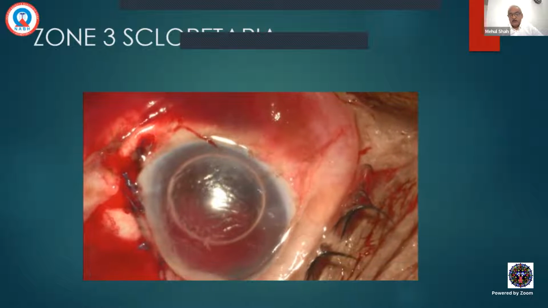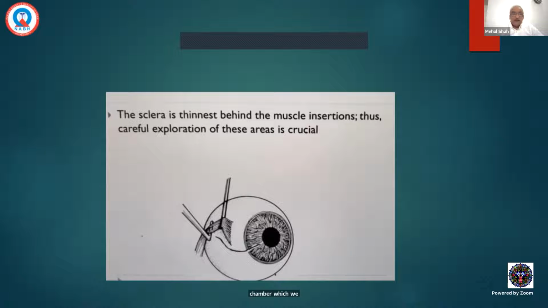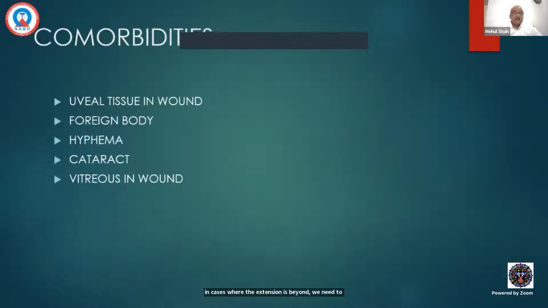Following this, the retina was almost right in the antechamber, which we operated, and the patient regained at least 1 meter vision. The sclera is the thinnest behind the muscle insertion, and thus careful exploration of this area is very, very important. In cases where the extension is beyond, we need to disinsert the muscle, suture it back, and then reinsert the muscle during surgery.